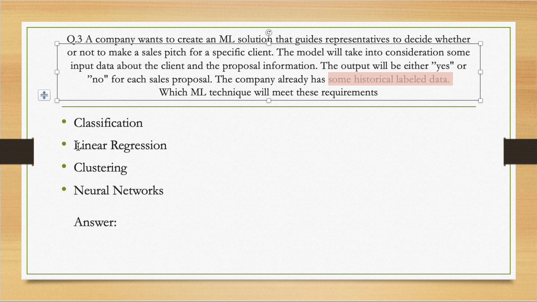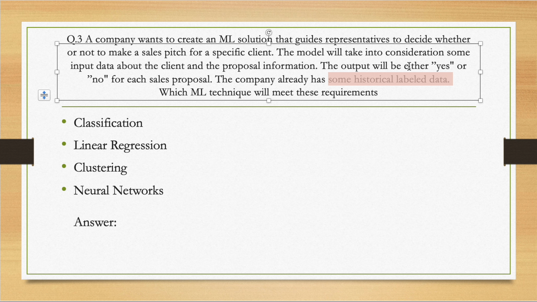And regression is something that is a range of values. Basically it's a numerical representation. Let's say when I want to predict the weather or predict stock prices, it's a numerical value that will come, right? It's a range, it's not a classification. So here the output is yes or no. So basically it's a classification, it's not a regression.